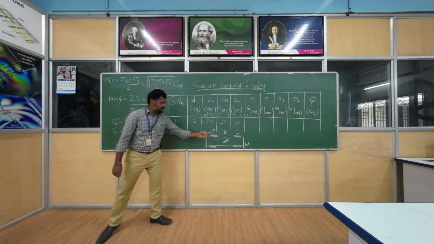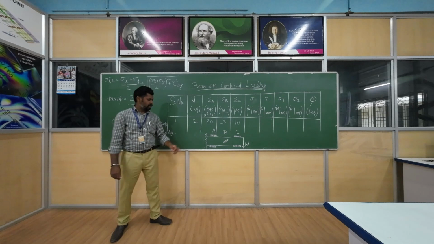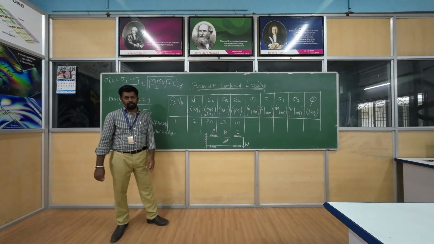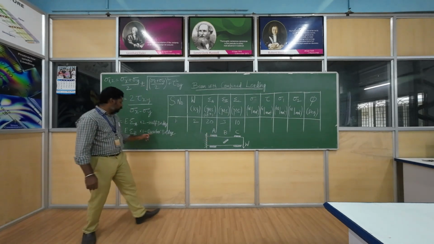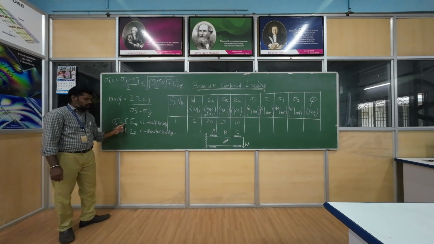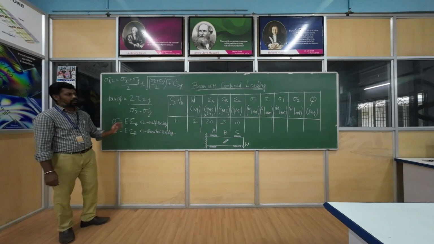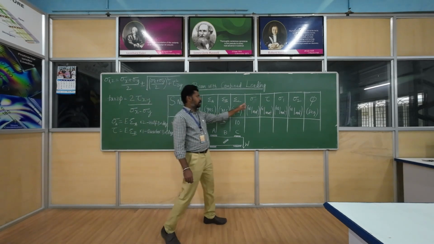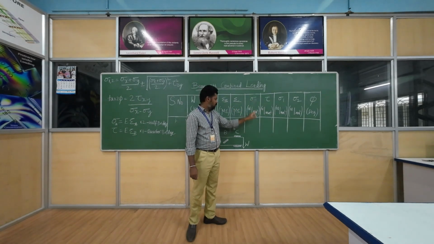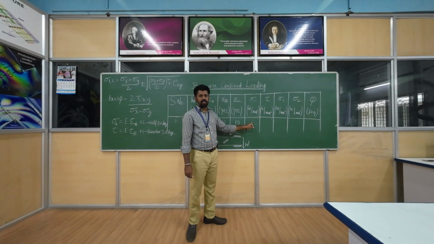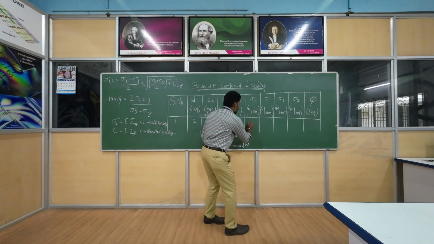If we use one strain gauge, it is called a quarter bridge circuit. That is why, as we are using a half bridge circuit, we multiply by 2 here. So the Young's modulus times the strain times 2 will give the normal stress, or the bending stress, at section A. So now I have my stress. I got some value here.